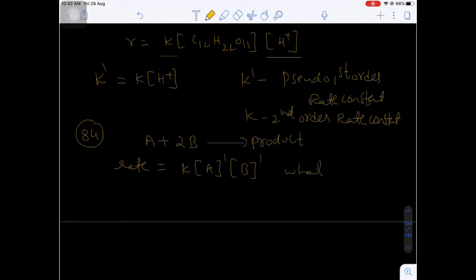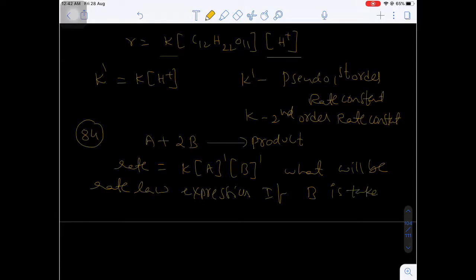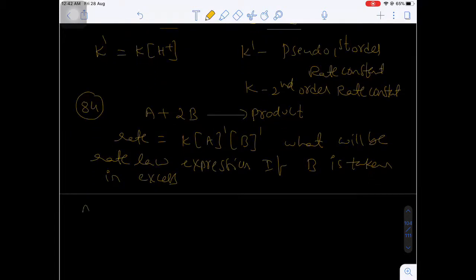The question is, what will be the rate law expression if B is taken in excess amount? Are you getting my point?